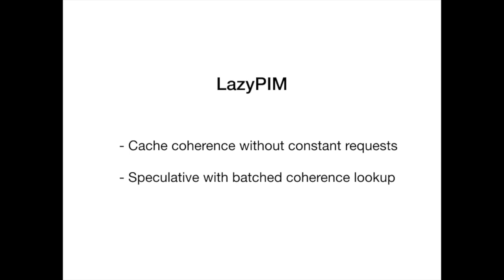Lazy PIM was designed so that it can behave like a traditional cache coherence model, but still retain all the benefits of PIM. In a nutshell, lazy PIM speculatively assumes that it has coherence and then batches up requests and sends them all at one time, and deals with rolling back changes later.